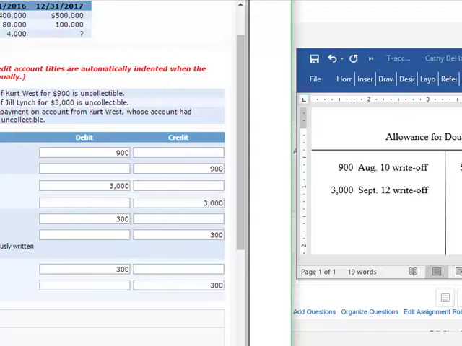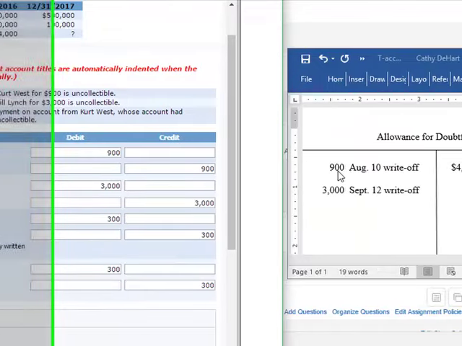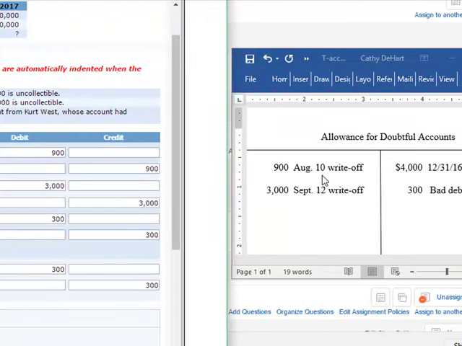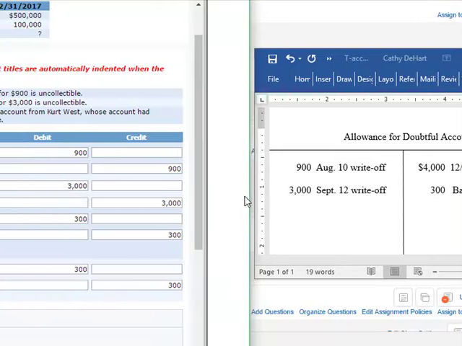So then we have these journal entries that occurred during 2017, and I went ahead and posted all of the amounts that impacted the allowance account. So we had a $900 debit on August 10th when we wrote off the first bad accounts receivable. Then we wrote off another $3,000 accounts receivable, and that was another debit to the allowance account.